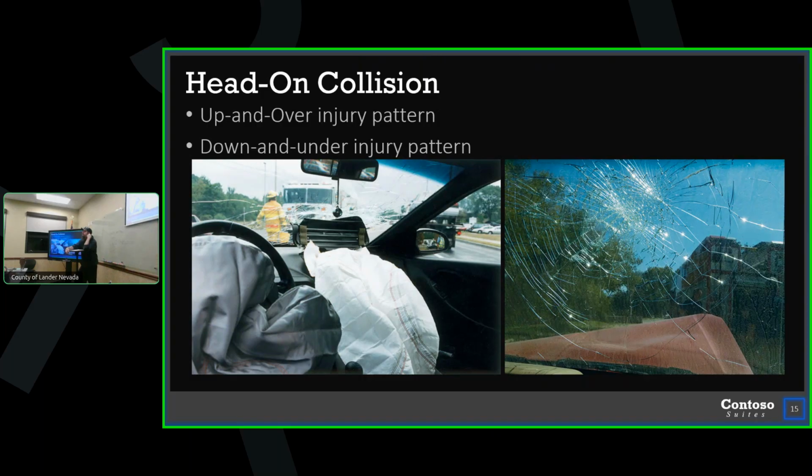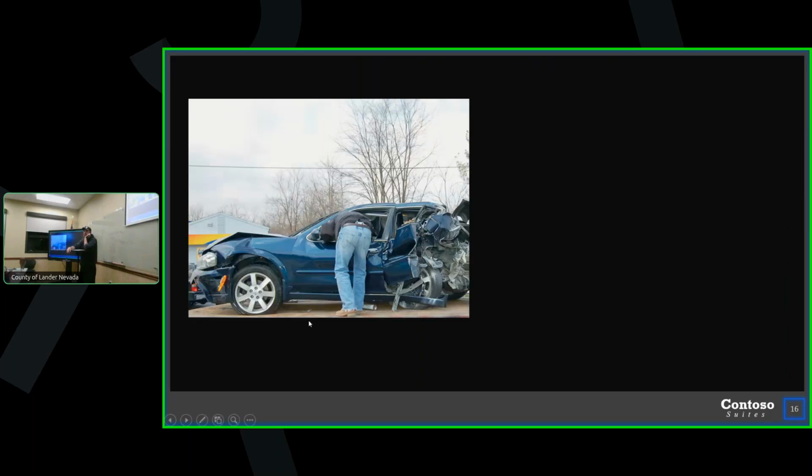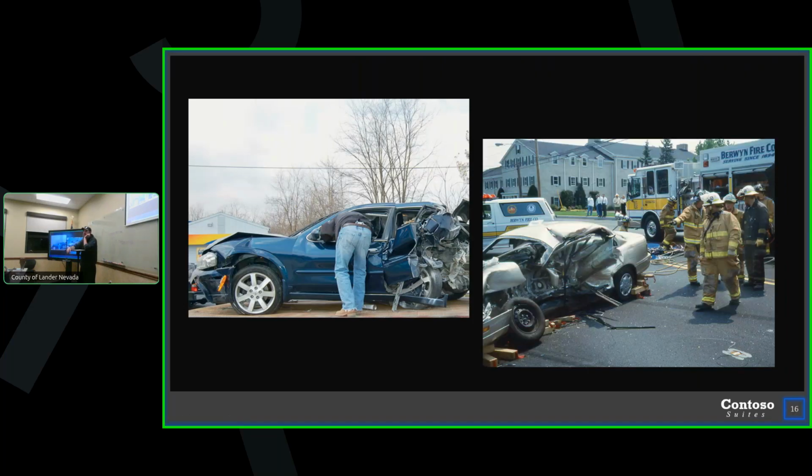Obviously, it's hard to tell with something like that, but just know that other things can cause windshield scarring-like patterns. Is this in the room? Oh, no, okay. All right, so just some examples of mechanisms of injury that you might see.